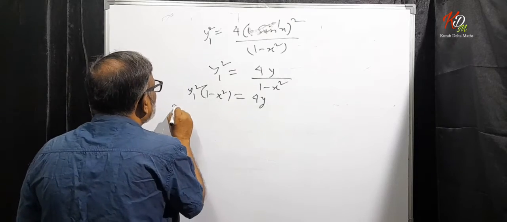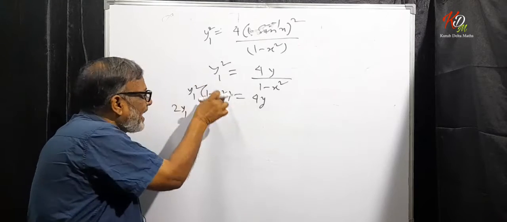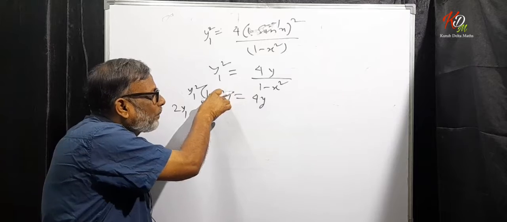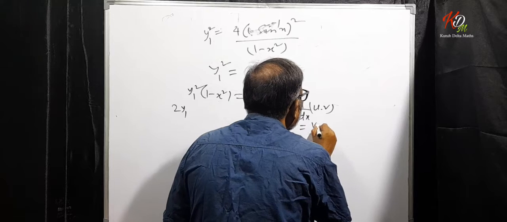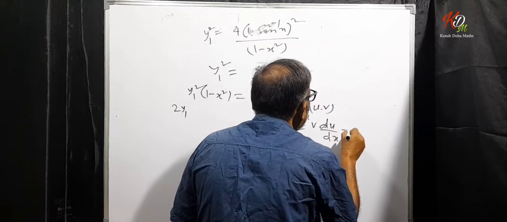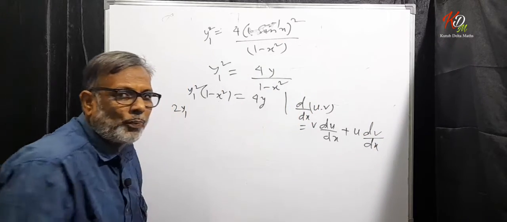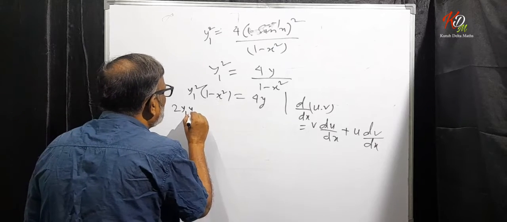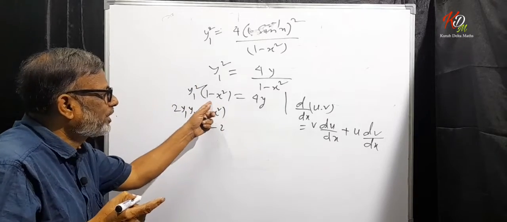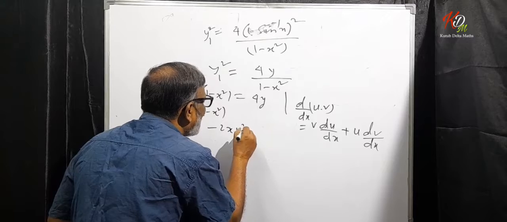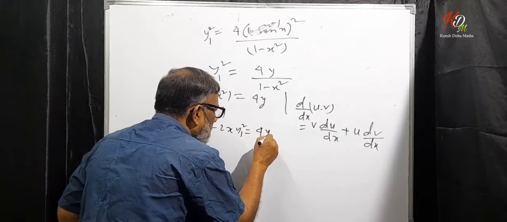Differentiating a second time: 2y1 y2, here u is y1 square and v is 1 minus x square, by the formula d by dx of uv equal to v du/dx plus u dv/dx. Apply this formula. This formula is very easy, no problem. Now 2y1 y2 (1 minus x square) minus 2x y1 square, and y differentiated with respect to x gives 4y1.